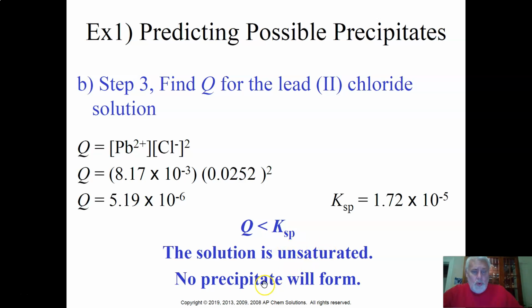Therefore, no precipitate will form, and you have a clear liquid that you add drops of to another clear liquid, and it stays a clear liquid. You could prove this experimentally by taking those concentrations of solution. No precipitate will form because your initial Q is below the KSP value.